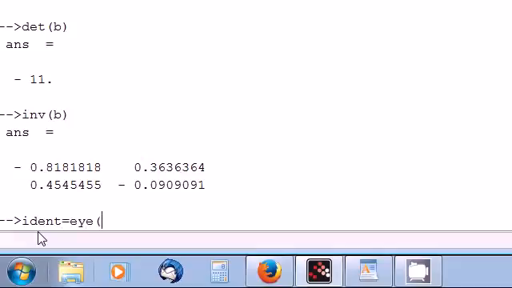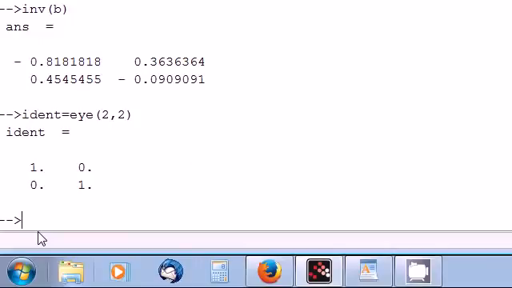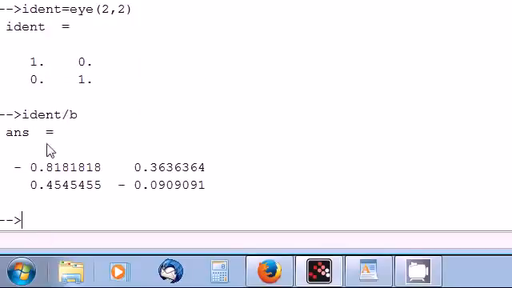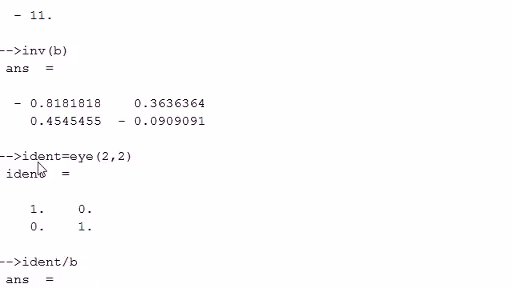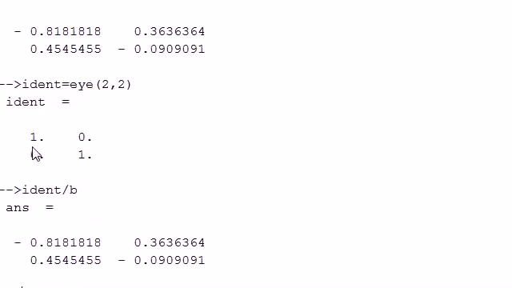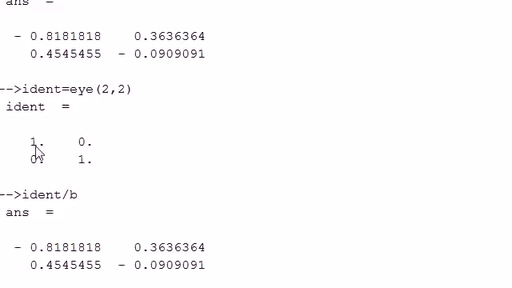And what we do, we divide the identity matrix by B, and here you see the same result of using one time the inverse and the second time just simply dividing, the same result.